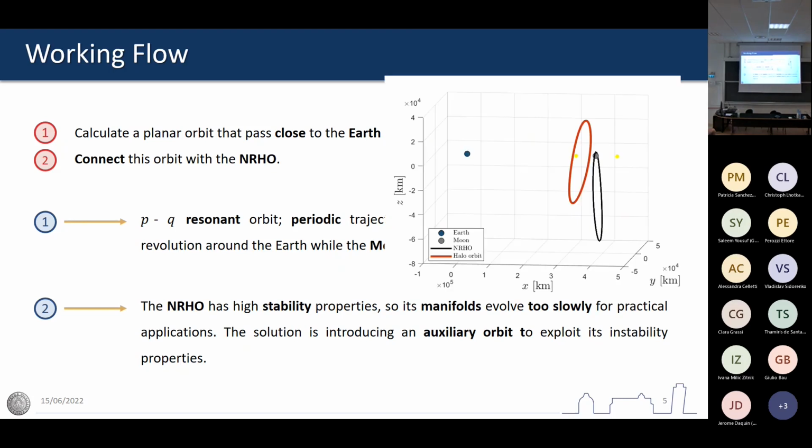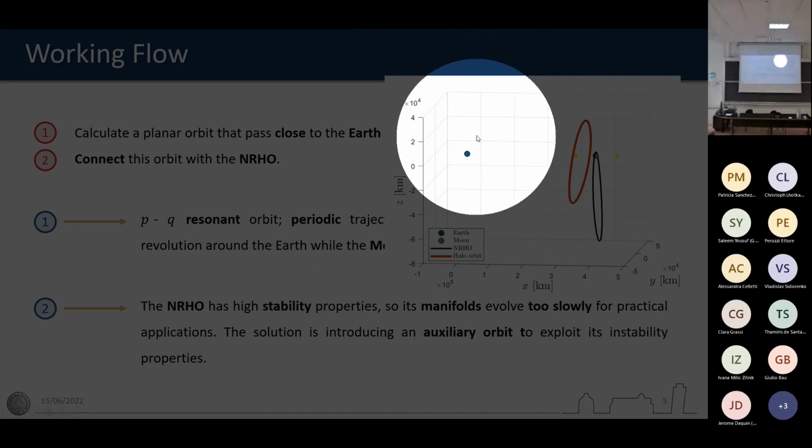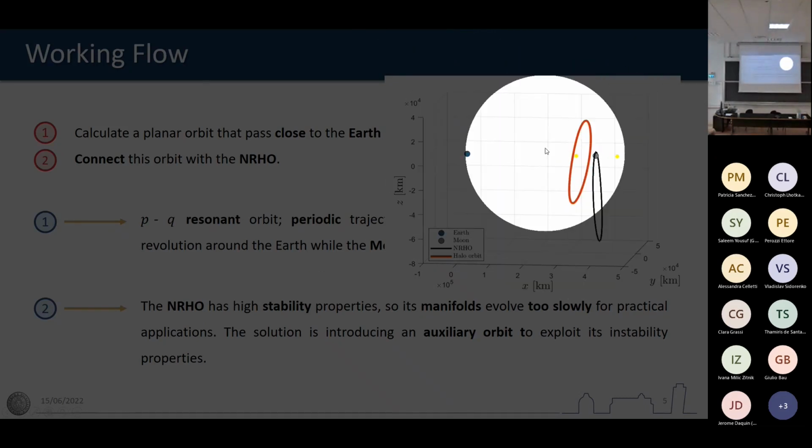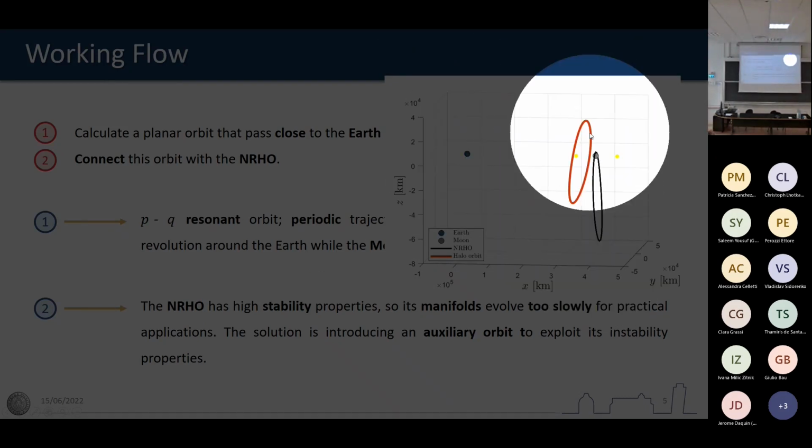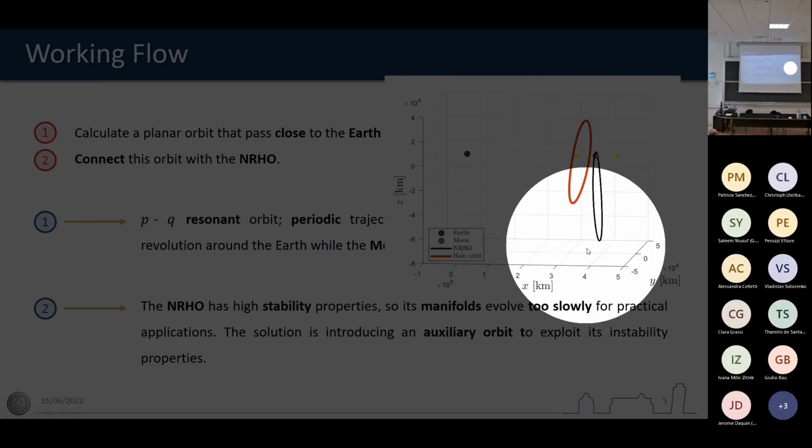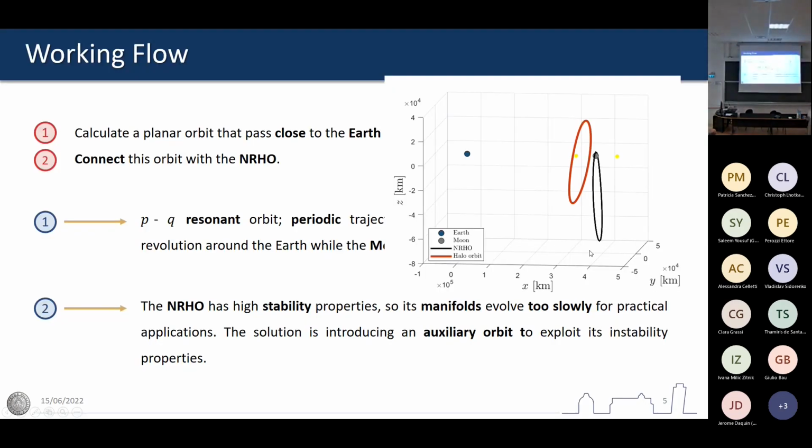So this is what I was saying. This is the Earth. We have an intermediate target orbit, and we have the target orbit. This is the one that we want to reach periodically. This is a first solution approach using only manifolds to connect the resonant periodic orbit and the target orbit.